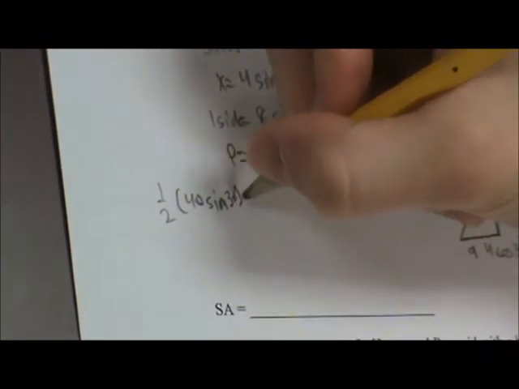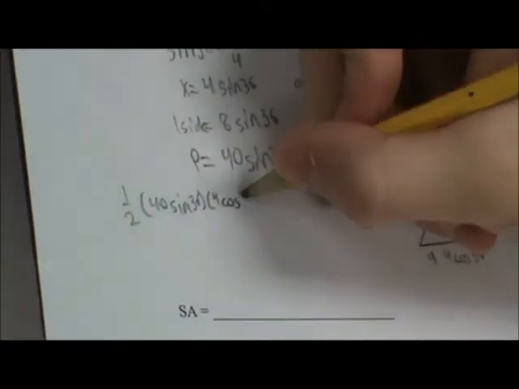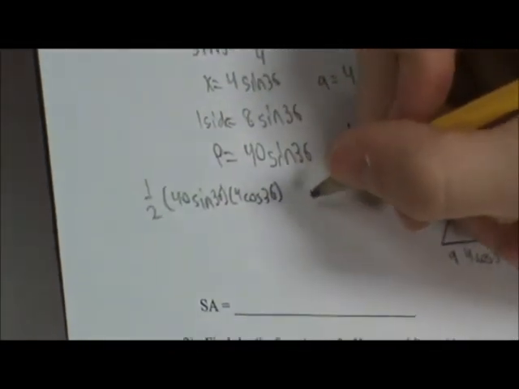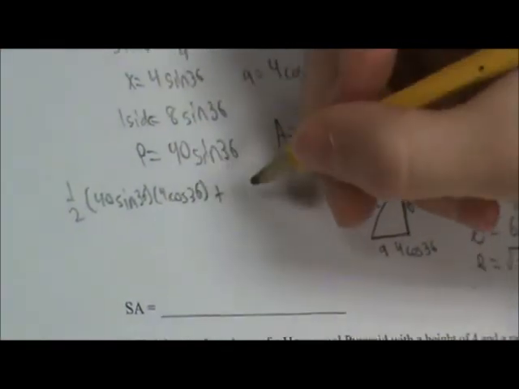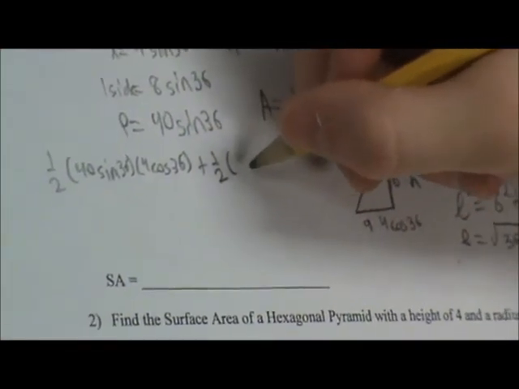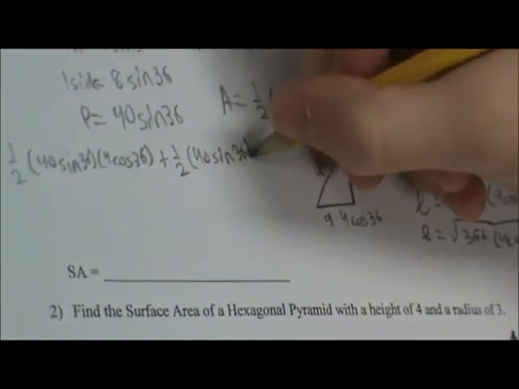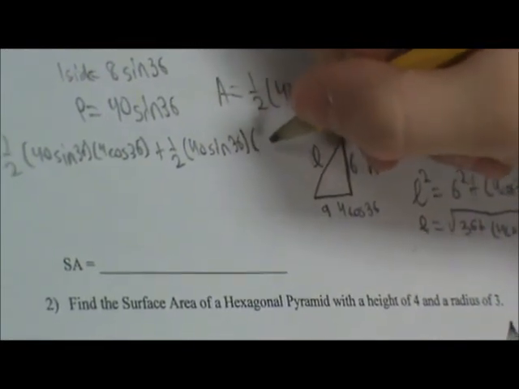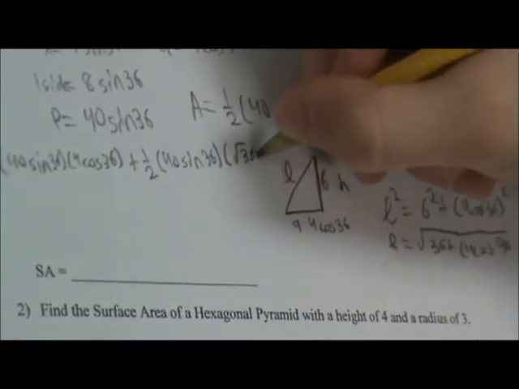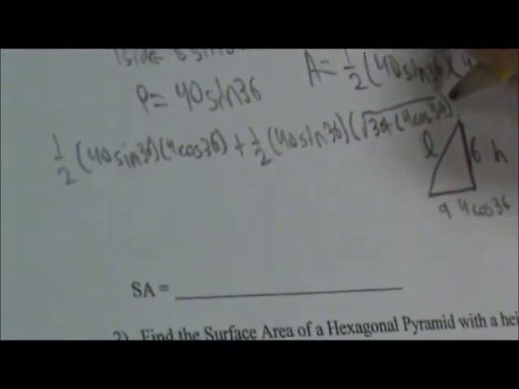So we plug in what we know: 1/2 of 40 sine 36 times 4 cosine 36, plus 1/2 of 40 sine 36 times the square root of 36 plus (4 cosine 36) squared. It's a lot to plug into a calculator, I know, but that's what it is.